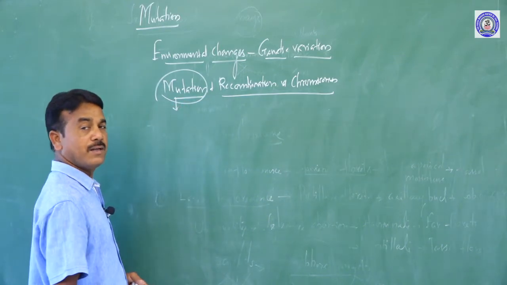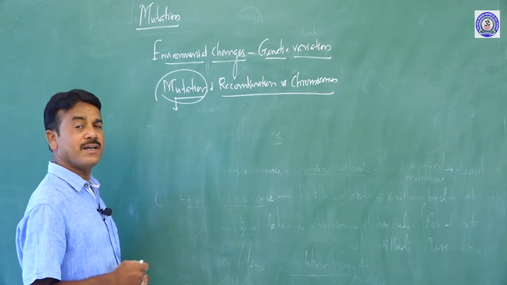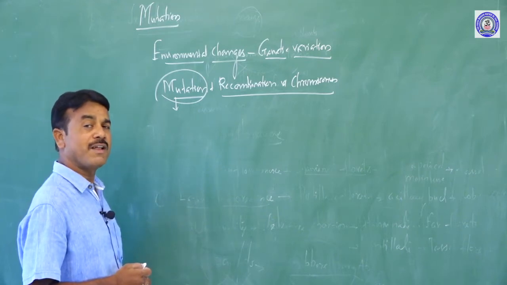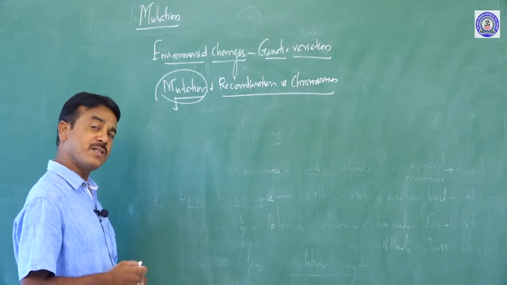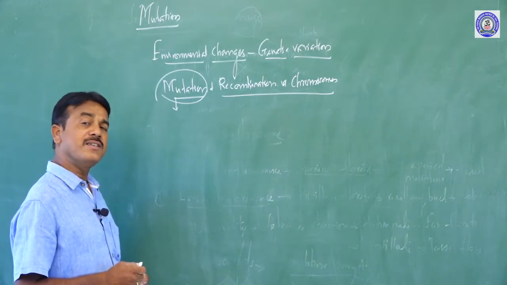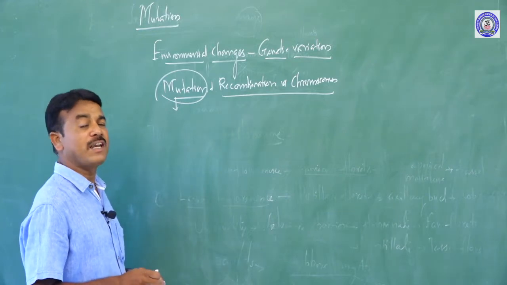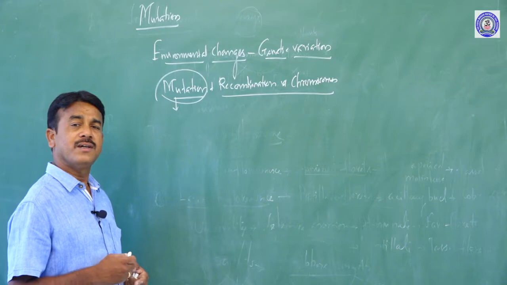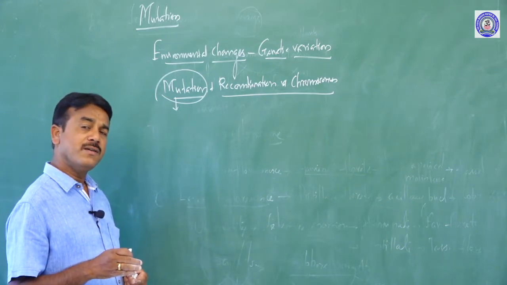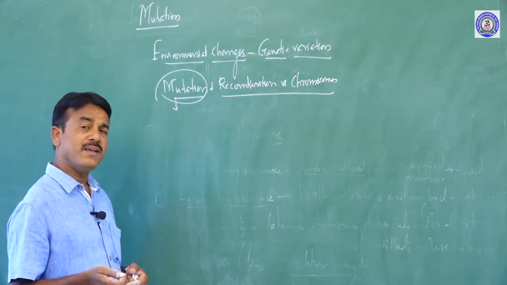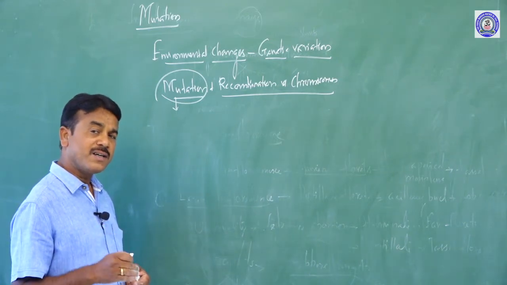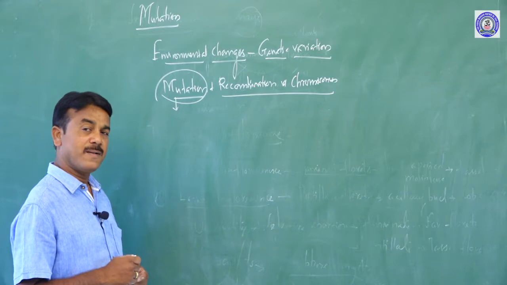That means sudden changes occur in the genetic sequence of a DNA, also known as sudden changes occurring in the genetic material of DNA. What is commonly called as sudden changes? The changes occur within a cell without accompanying changes.